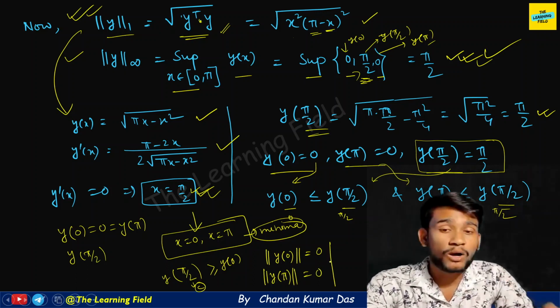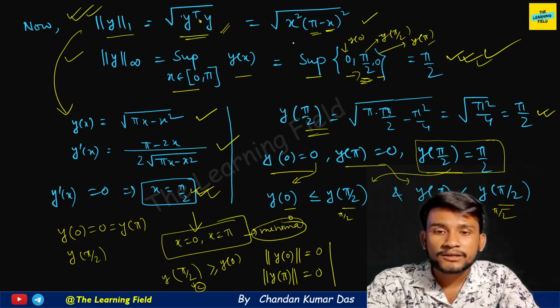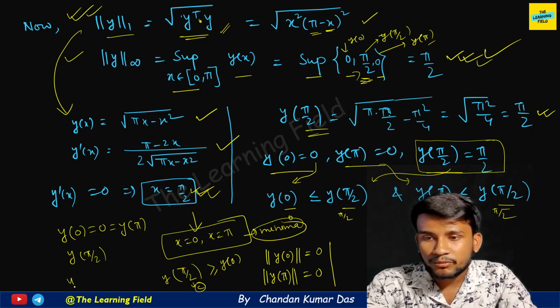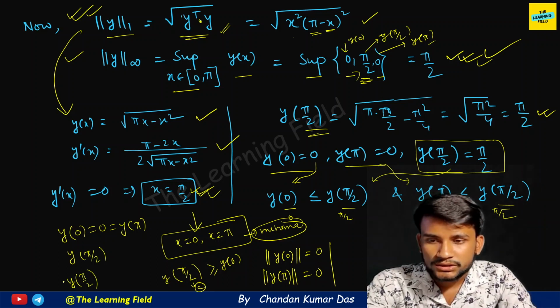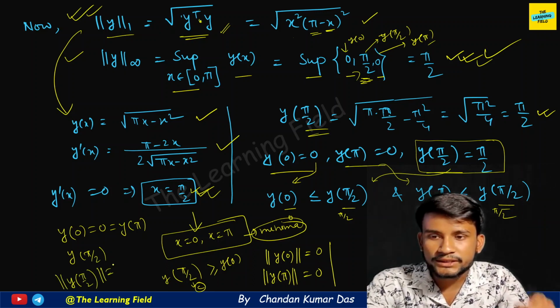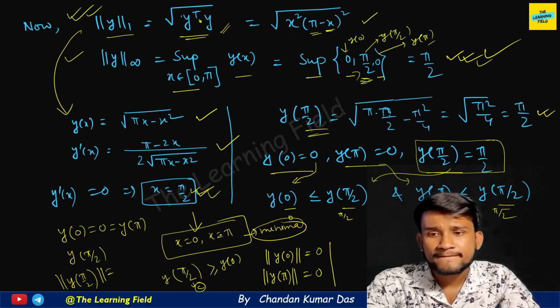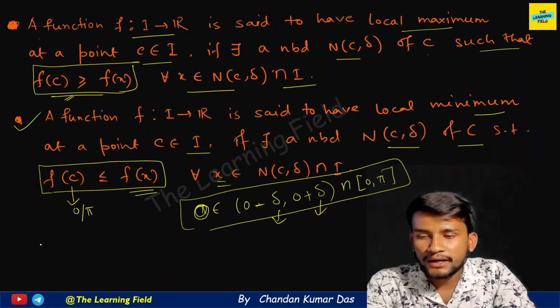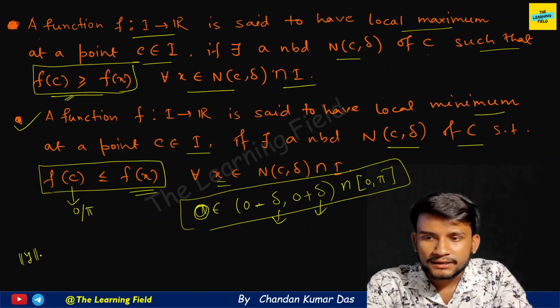Okay, so y is identically 0 for these points. Now if we put y at pi by 2 here and take the norm, then we get pi by 2.